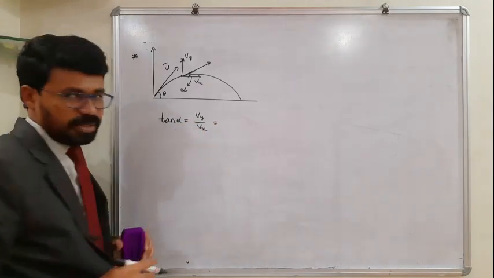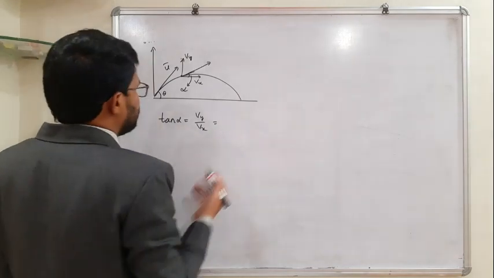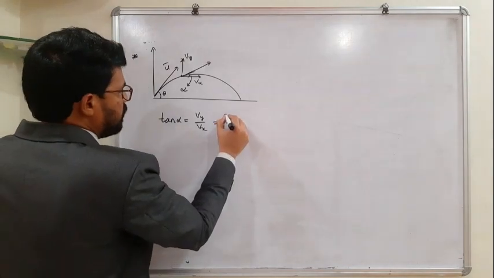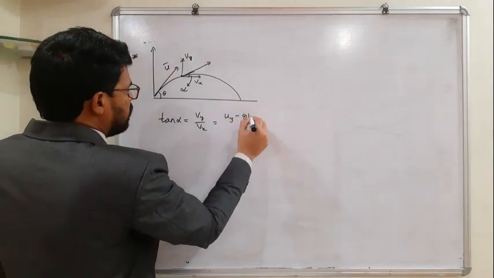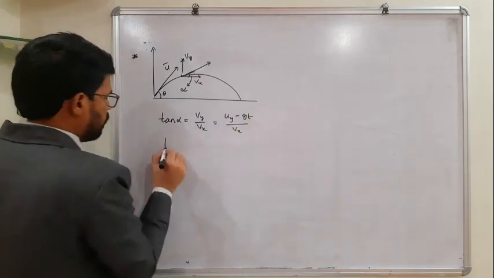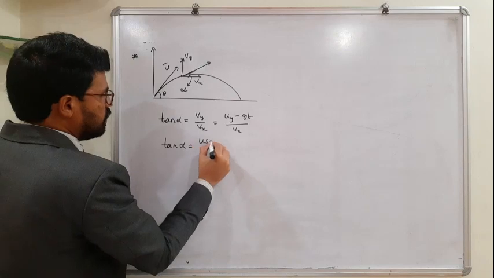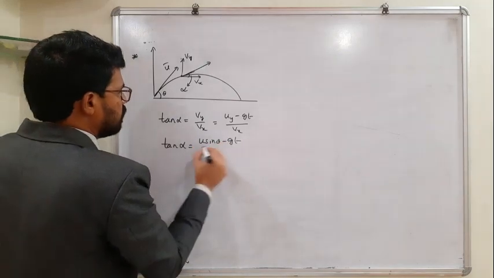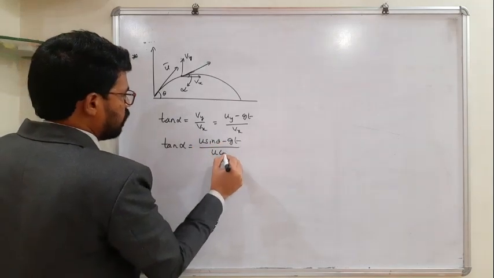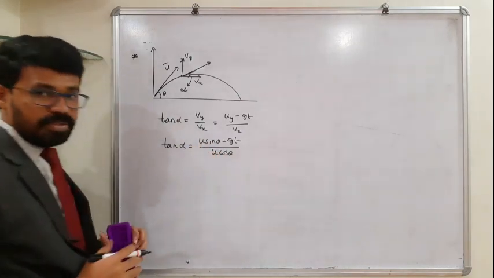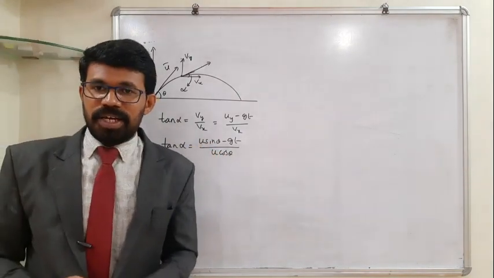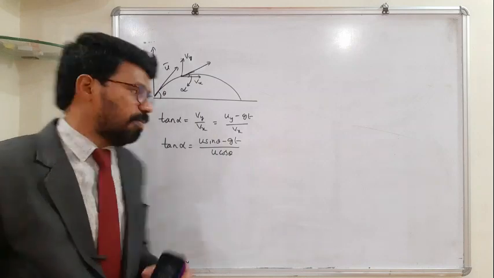Just now we have written the expression for Vy. After a time t, Vy can be expressed as Uy minus Gt, by Vx. So tan alpha is equal to Uy, which is u sin theta, minus Gt, by Vx, which is u cos theta. So with the help of this equation, you will be able to identify how much angle the velocity makes after a time equal to t.